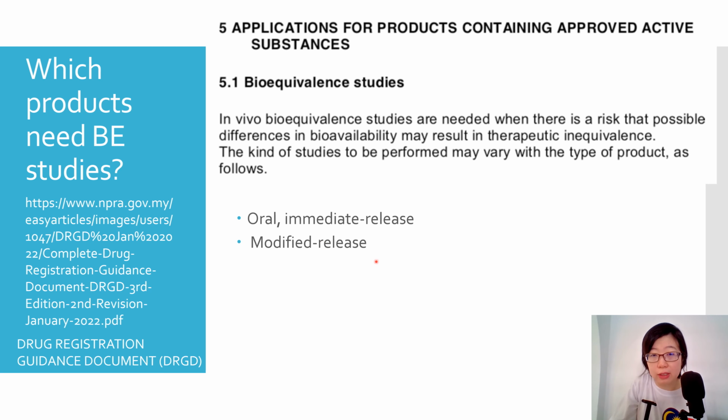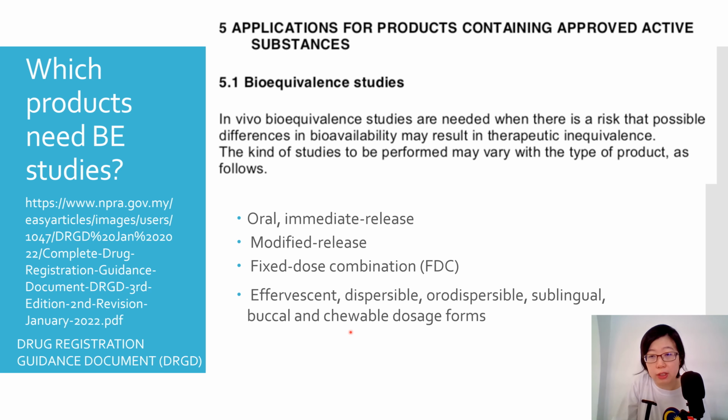Second is the modified release, where you have to make sure the profile is similar. Next is the fixed dose combination, which is getting more and more popular, whereby they mix two active ingredients into a tablet so that when the person takes a tablet, they get two drugs, which increases compliance.